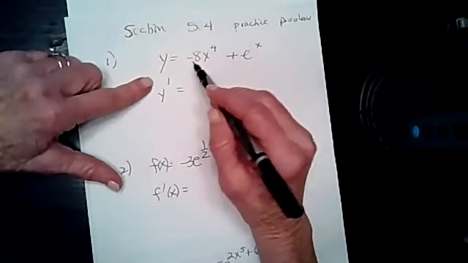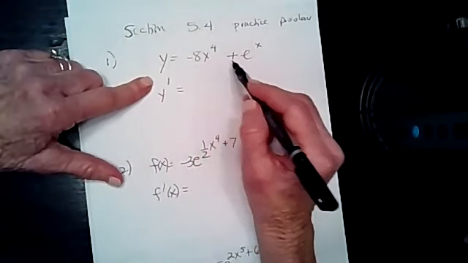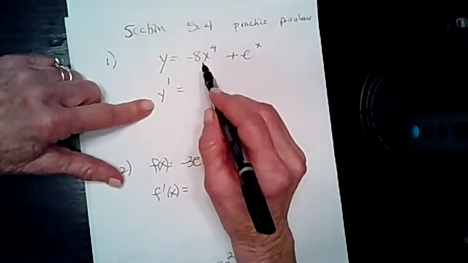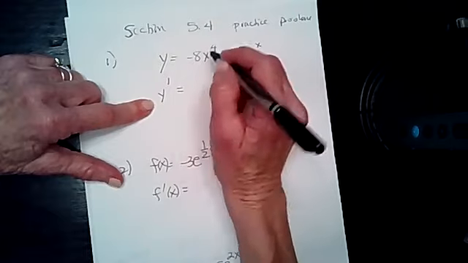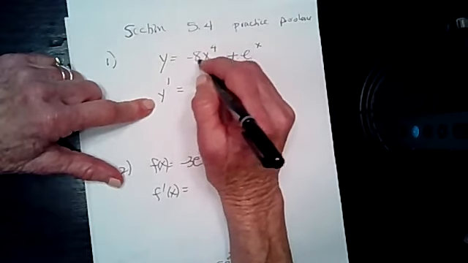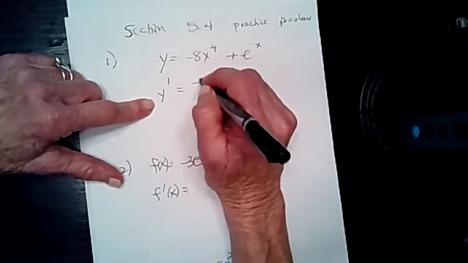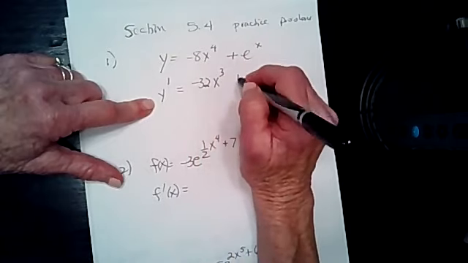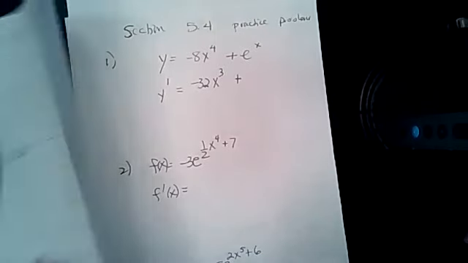All right, so y is negative 8x to the 4th plus e to the x. Well, the derivative of a function plus a function, I just add the derivatives. So the derivative of negative 8x to the 4th is negative 32x cubed, plus the derivative of e to the x.